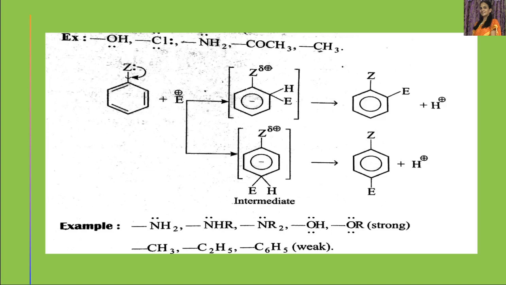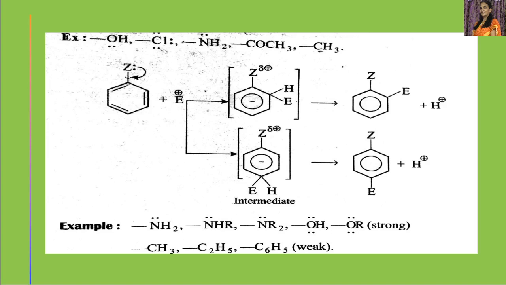Now here are other examples we have given for electron releasing groups. NH2 is a primary amine, NHR is a secondary amine, NR2 is a tertiary amine, and this is the hydroxyl group, this is the alkoxy group, this is the ethyl group, and this is the phenyl group.